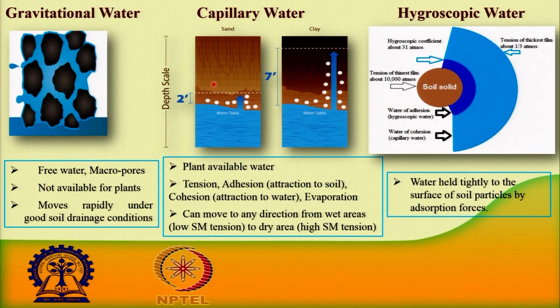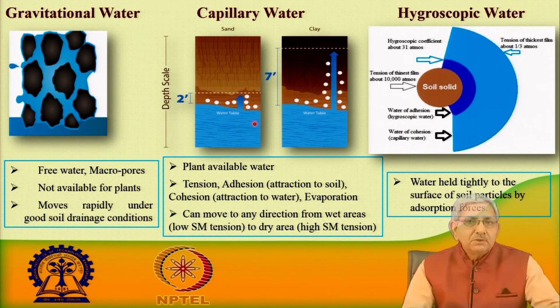Capillary water basically happens when there is a water table and on top there is a sandy soil. Because of the capillary forces, water starts rising up.